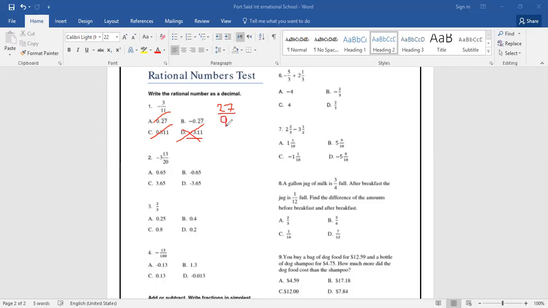So we said once you have a decimal number after 2 digits, the denominator should be 99. If the decimal number is after 1 digit, it will be over 9. After 3 digits, over 999, and so on. Now we have to simplify. Both of them can be divisible by 9. So the answer will be equal 3/11. And don't forget that we have a negative sign, so the answer should be equal negative.